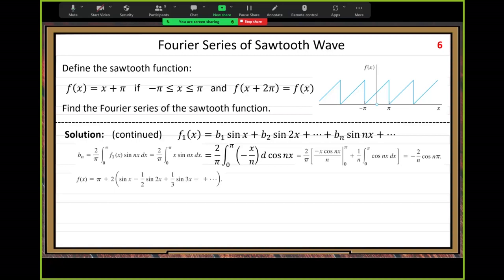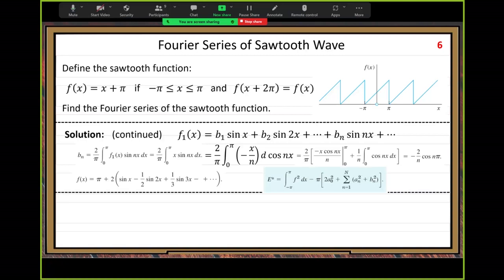For the a coefficient, n can be 0. For the b coefficients, the denominator n cannot be 0. So you have positive 1, then negative 1, positive 1, negative 1. So you get the Fourier series of the f function.